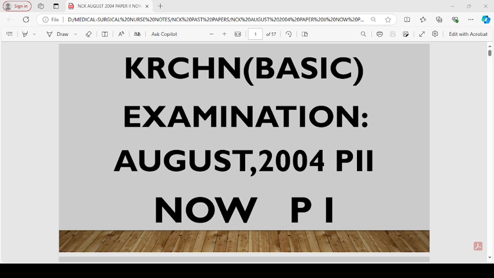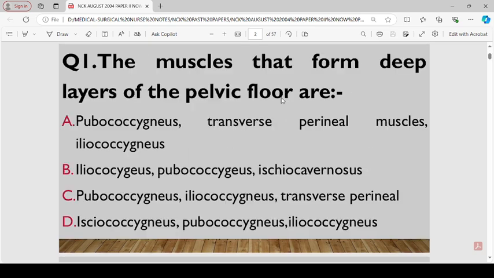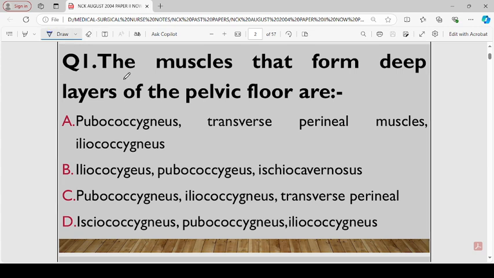So here is our question number 1. The muscles that form deep layers of the pelvic floor are... Looking at option number 1, pubococcygeus, the transverse perineal, and iliococcygeus, you find that this second muscle is a superficial one.